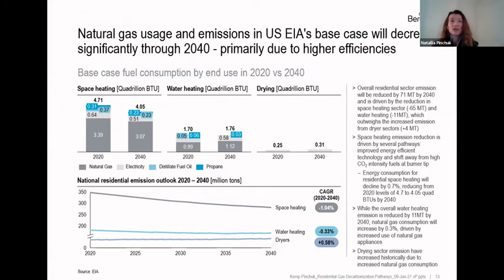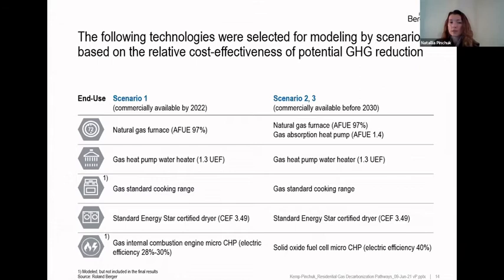So there is an increasing number of households that use natural gas, but decreased energy consumption per household. And in absolute terms, there is a decrease across the key end uses, which for us are space and water heating. There is a small uptake in dryers, and that's primarily because there are more dryers that use natural gas over the course of our timeline.